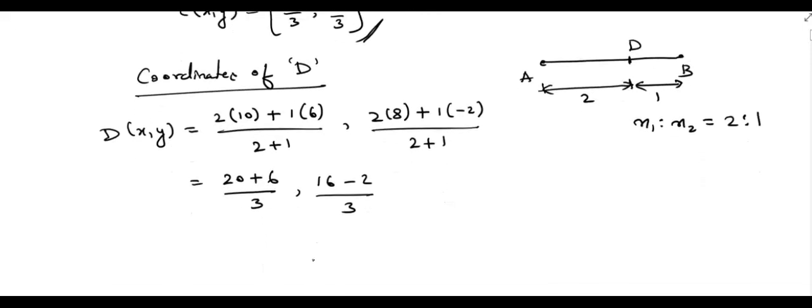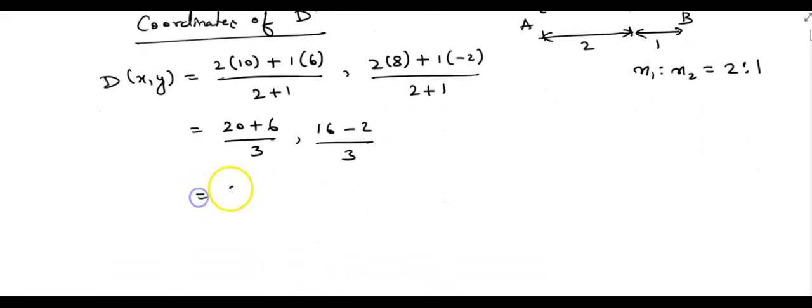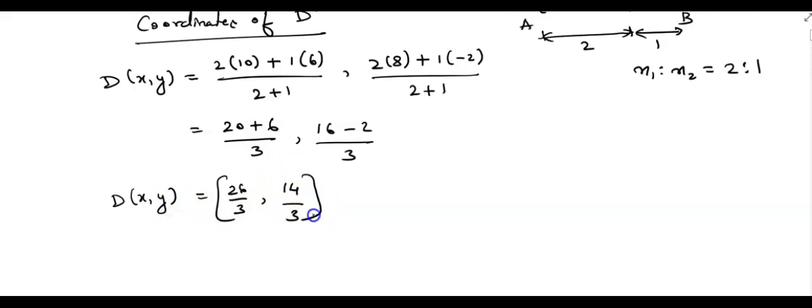Then 20 plus 6, 26 by 3, 16 minus 2, 14 by 3. It doesn't go in the 3 table, so keep it as it is. D of x comma y is equal to 26 by 3, 14 by 3. That's it. So we have found the values of C and D.